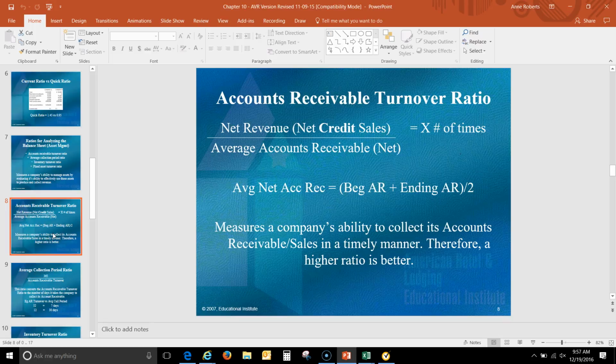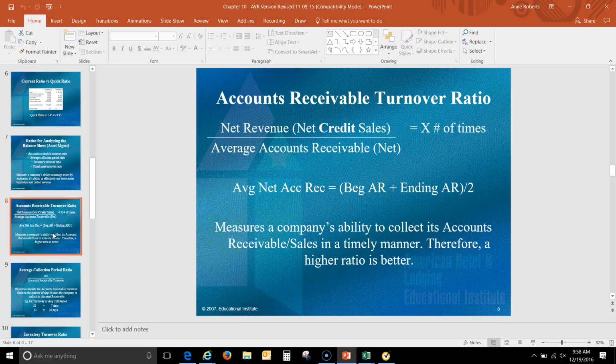Okay? Well, hang on. Let's talk this through one more time. Accounts receivable turnover ratio, remember, is the number of times that we turn it over. So get an intuitive feeling here. If this ratio runs somewhere around 26, how often are we turning over our accounts receivable? 26 times per year.